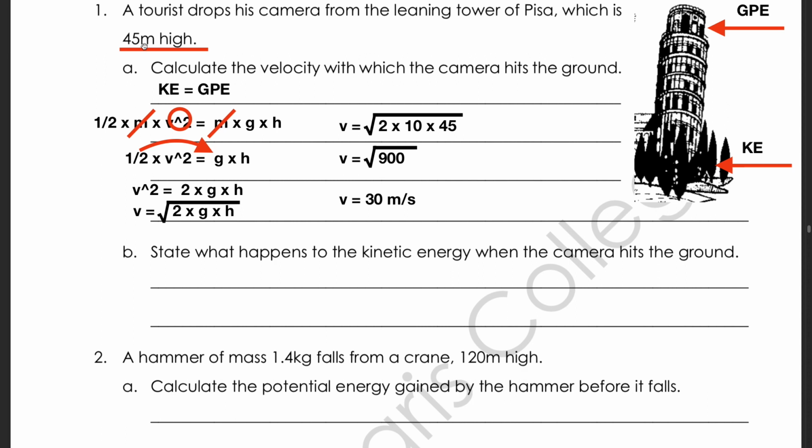The kinetic energy with which it hits the ground is going to turn into sound energy, because as soon as the camera hits the ground, we would hear a crash or parts cracking, and each individual piece that breaks off is going to fly away in a different direction. So the kinetic energy is going to change into sound energy as the camera breaks, and the kinetic energy of the individual pieces that are breaking off.